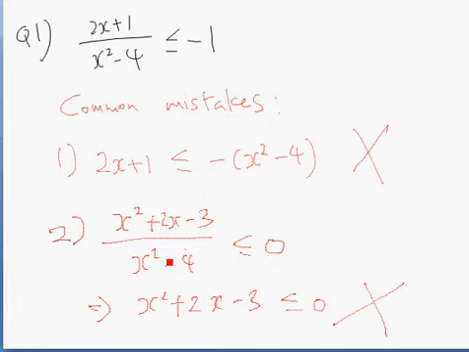For example, when x is 0, I have a negative value. And let's say when x is 3, I get a positive value. Okay, so x squared minus 4 is not always positive. So this term in the denominator will affect the sign of the overall value. That's why you need to consider x squared minus 4 in your number line method.